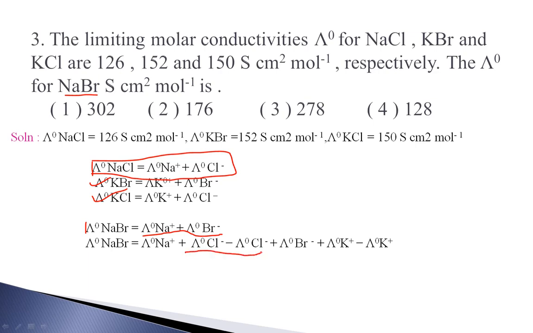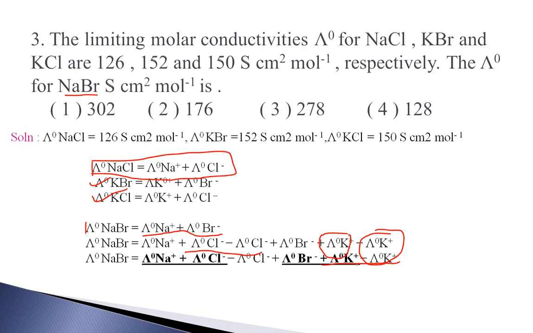There is no difference, because there is an addition and a subtraction of lambda naught of Cl minus ion; these changes are made only for balancing. Next, lambda naught of Br minus is the same, and likewise plus lambda naught of K plus ion and minus lambda naught of K plus ion are added for balancing this reaction.